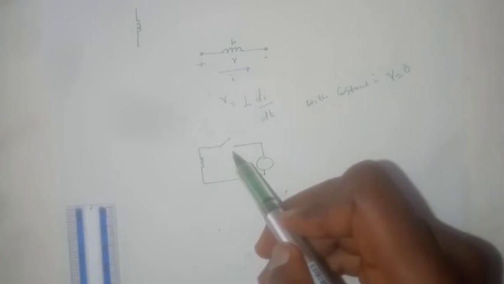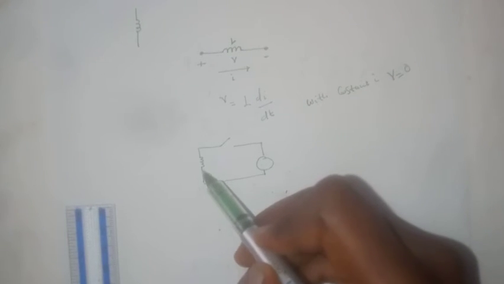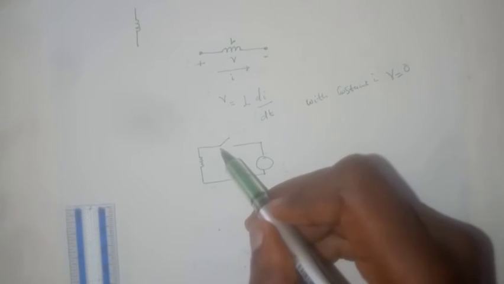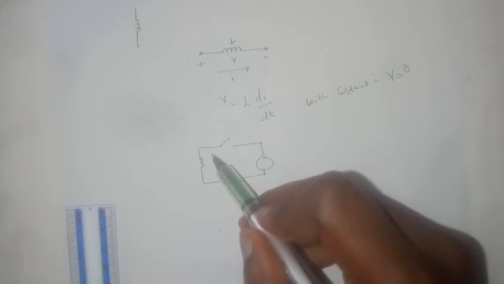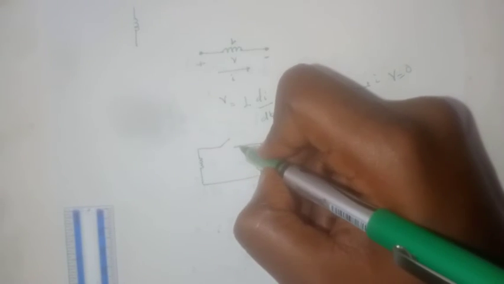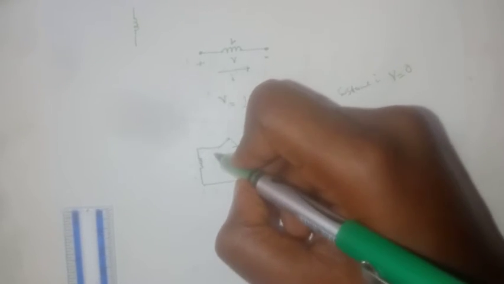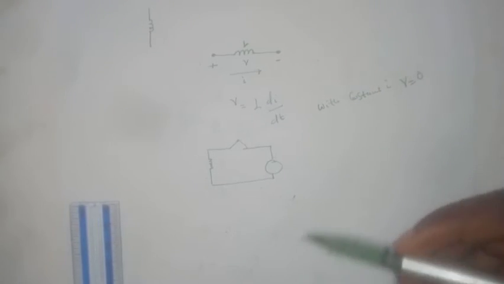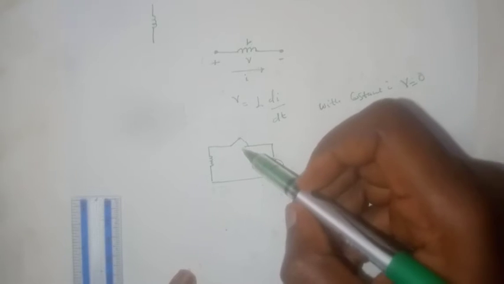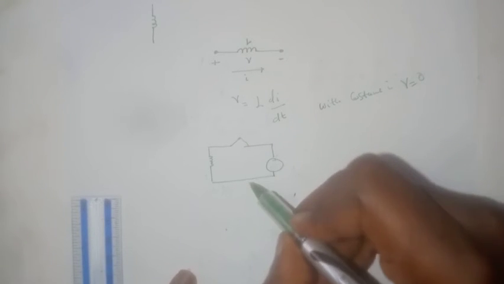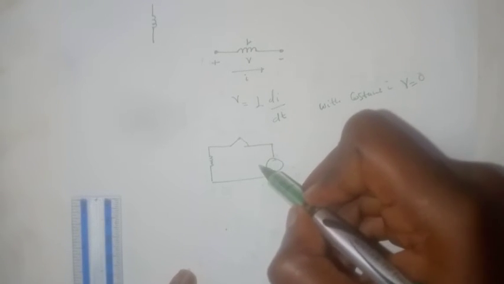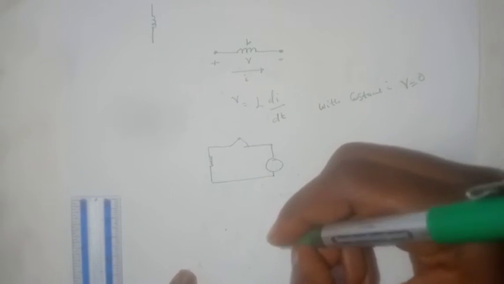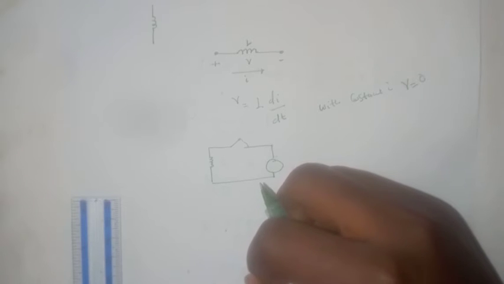If you were to close the switch and charge up this inductor, then all of a sudden you open this switch, electric current will flow across this space to prevent the current from changing instantaneously. This is what is called arcing, and it can cause voltage surges that damage equipment.